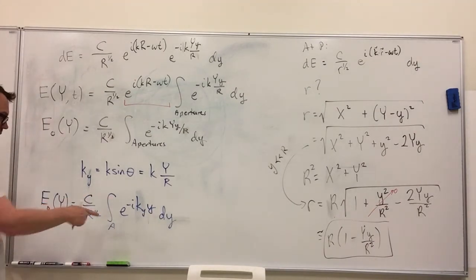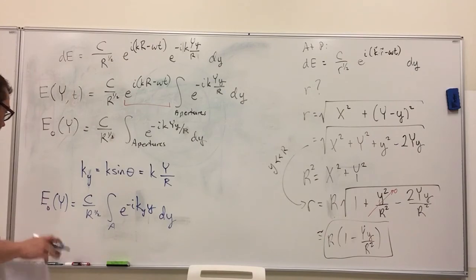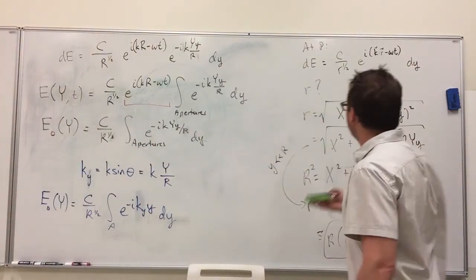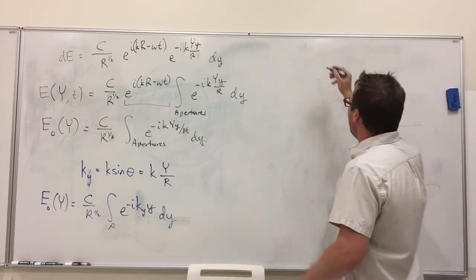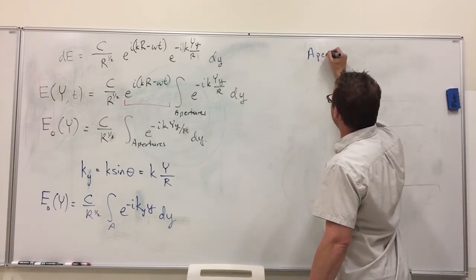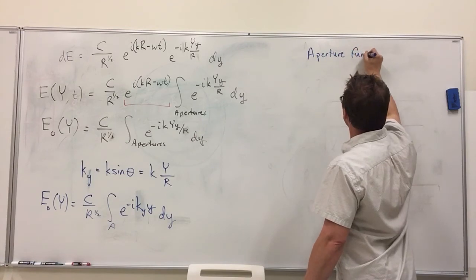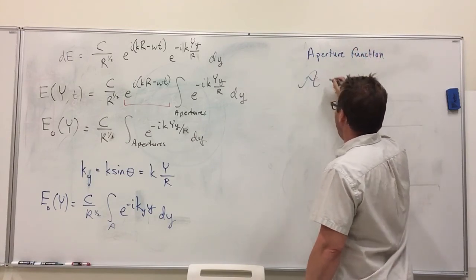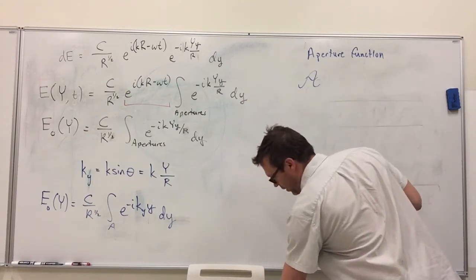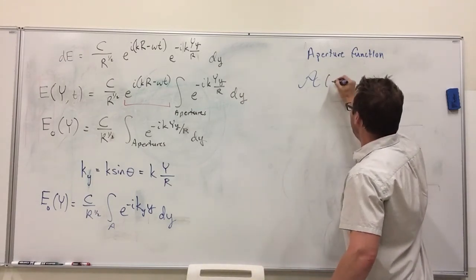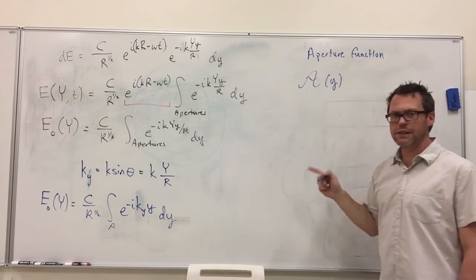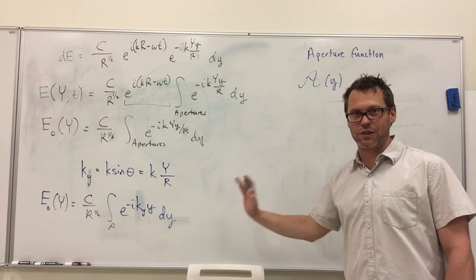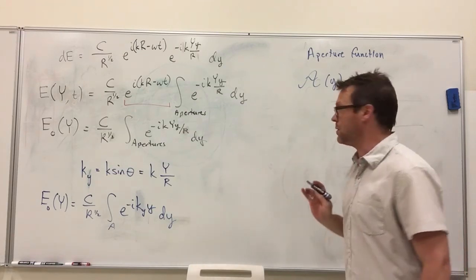Okay, so this simplifies the look of my integral a bit. Now the next thing that I'm going to do, I'm going to take one more step here. We're almost there, to the point where I want to get you today. I want to define something called an aperture function, which is like curly A. And curly A will be a function of little y, because what it's going to do, it's going to describe the way my holes are positioned on the opaque screen at x equals 0.